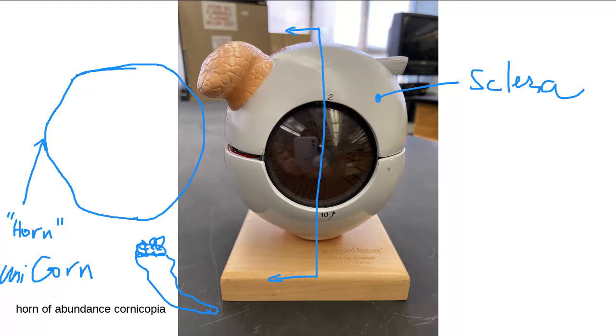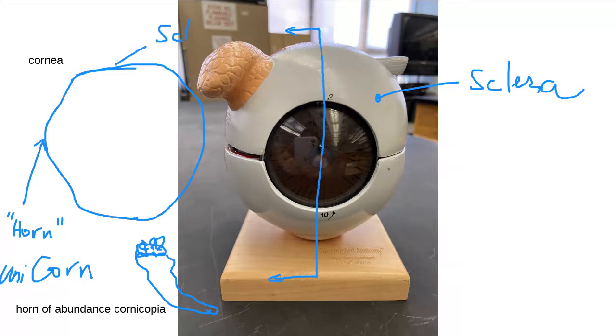This thing that is coming out, right? It's known as the cornea. So when you say your cornea, that part right there is the cornea, and the outermost layer that you see, this layer right here, that's the sclera.